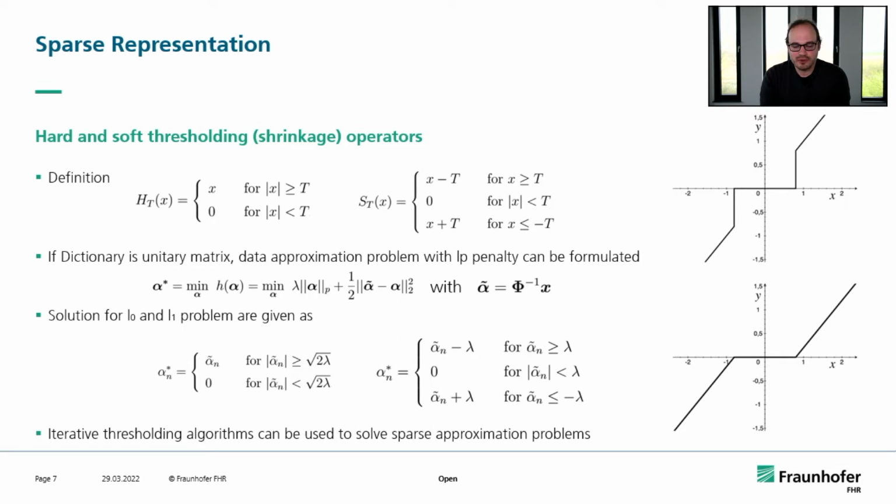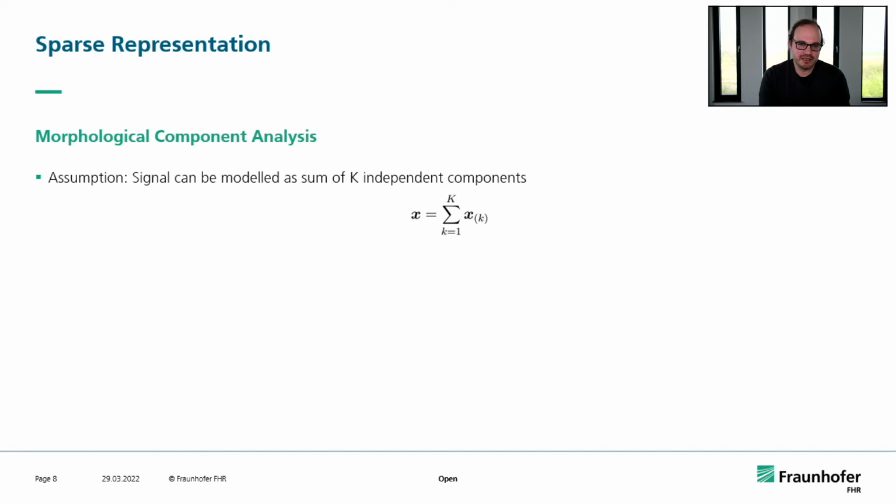I don't want to go into the detail of this algorithm. I'm going now to the algorithm that I actually use, that uses this iterative thresholding as a step. The assumption of the algorithm that I use here is that we can model our signal as a sum of K independent components, what we see here.